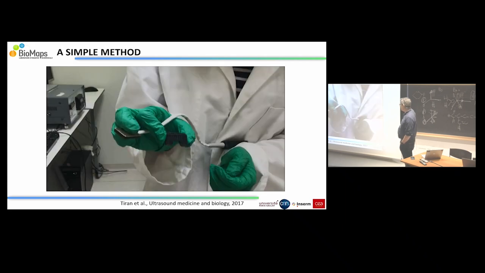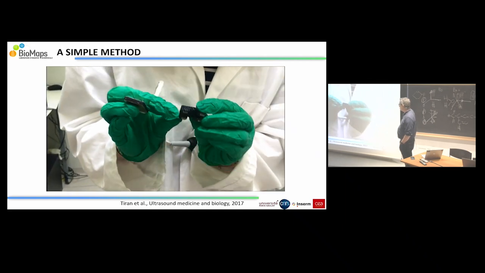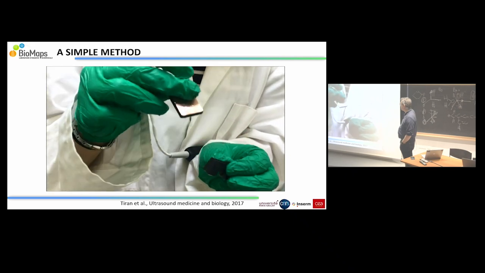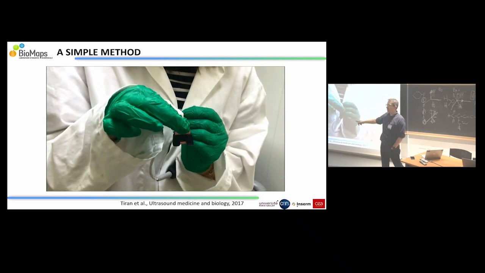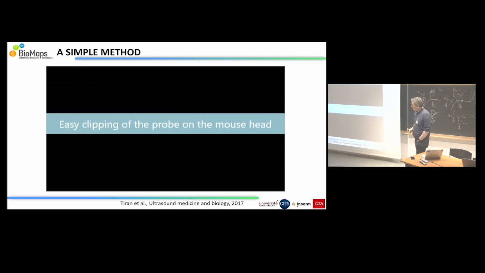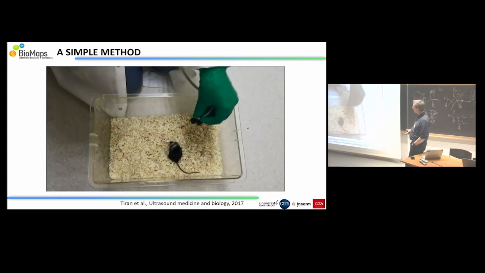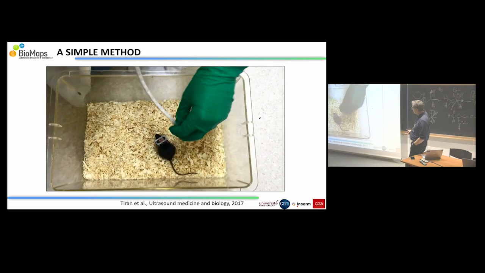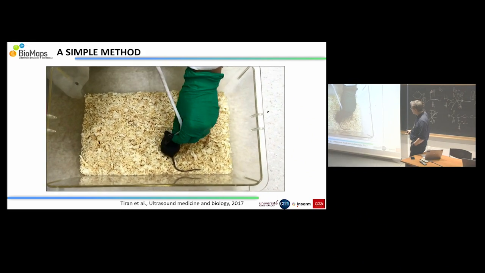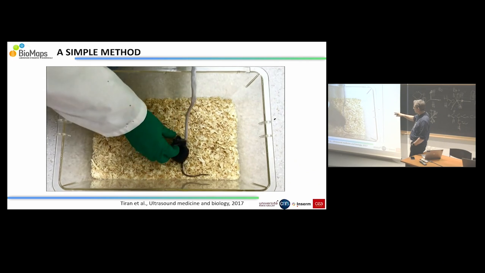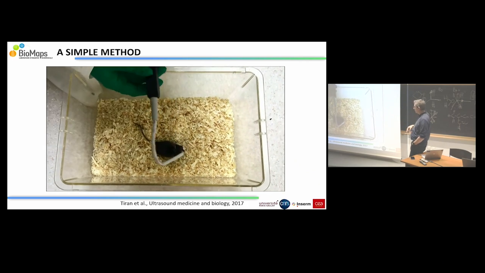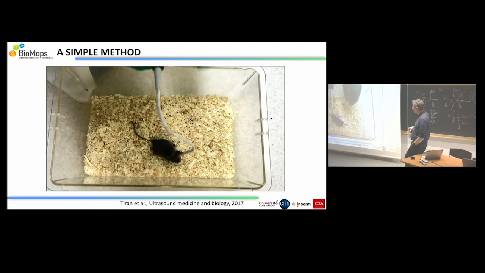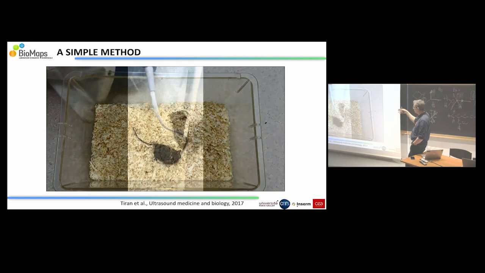We fix the probe with just some small magnets. You see that the size of the probe has evolved a lot. It's very small, very light. You clip it on the head. Like this, the animal can live its life, move into a labyrinth, do what you want to do, or what you want the animal to do.